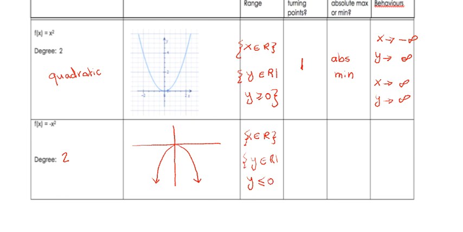Less than or equal to 0. Absolute what? Max. At the vertex, I have an absolute max. And then my end behavior: as x approaches negative infinity, y approaches negative infinity, and as x approaches positive infinity, y approaches negative infinity.